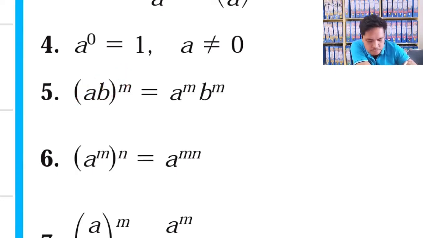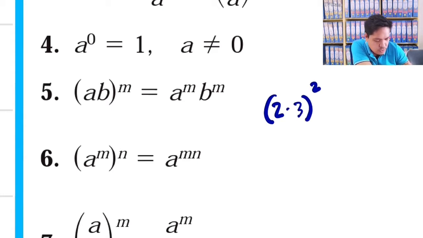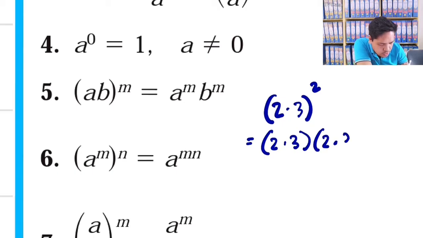Parang ganito. If you have 2 times 3 raised to 2, that means it is the same as 2 times 3 times 2 times 3. Diba? Ginamit natin yung 2 times 3 dalawang beses.